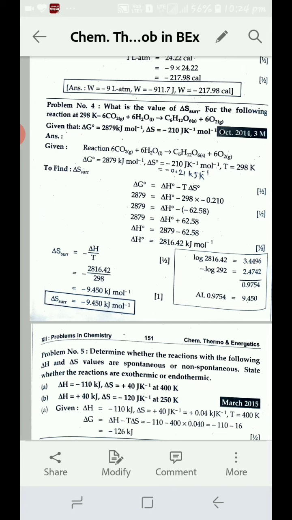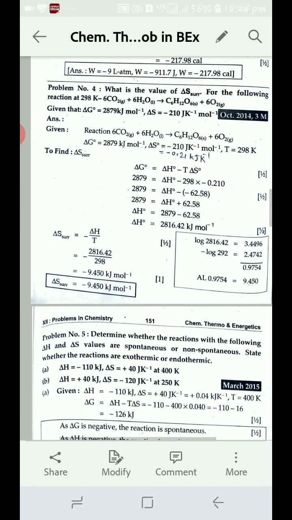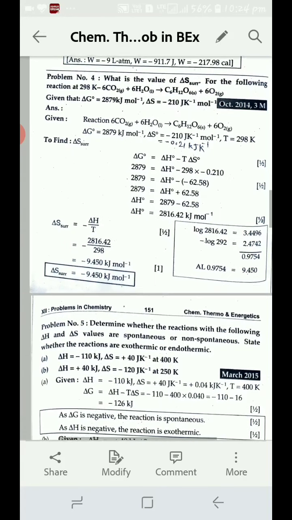And you have to write whether the reaction is exothermic or endothermic. So here it depends on the delta H value. If delta H is negative, then the reaction is exothermic. So for A, the reaction is spontaneous and exothermic.